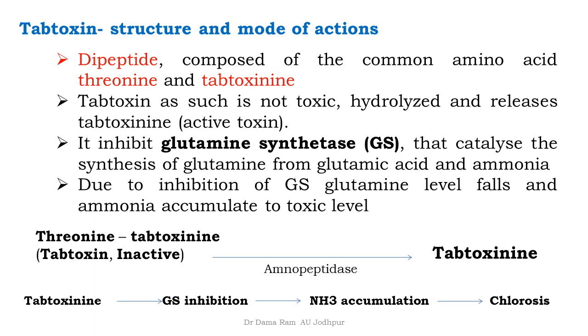This is the active toxin and is toxic to the plant, and it inhibits glutamine synthetase that catalyzes the synthesis of glutamine from glutamic acid and ammonia.